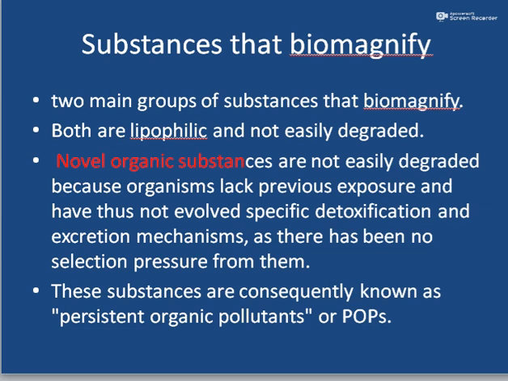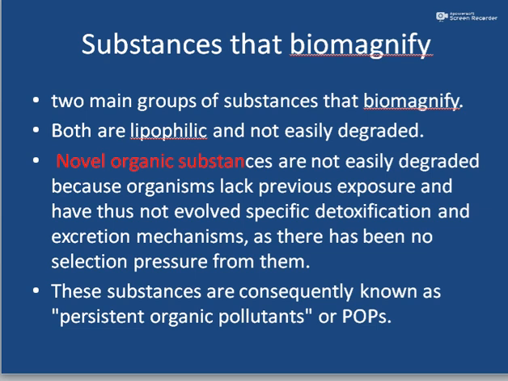These are mainly substances which have been found to be lipophilic in nature and which are not easily degraded, and various novel organic substances which are not easily degraded by organisms will accumulate within our body.